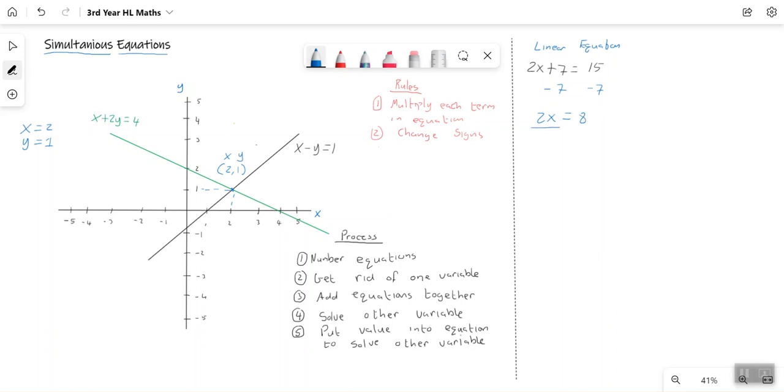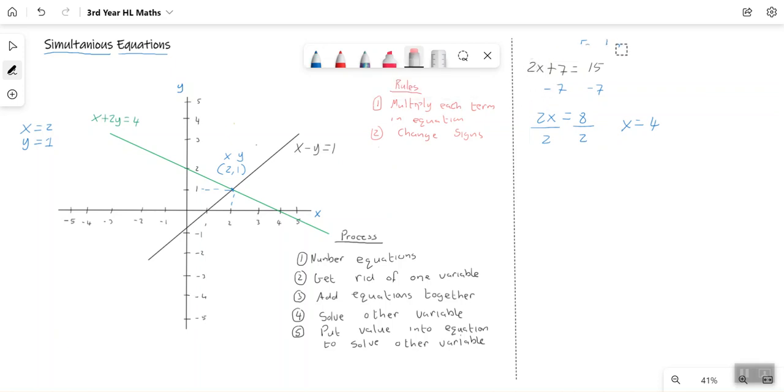Then we can divide both sides by 2, and then x is going to be equal to 4. That's fairly straightforward, and we've looked at linear equations. But now what we want to look at are simultaneous equations. So we want to think about how we can go about solving them.